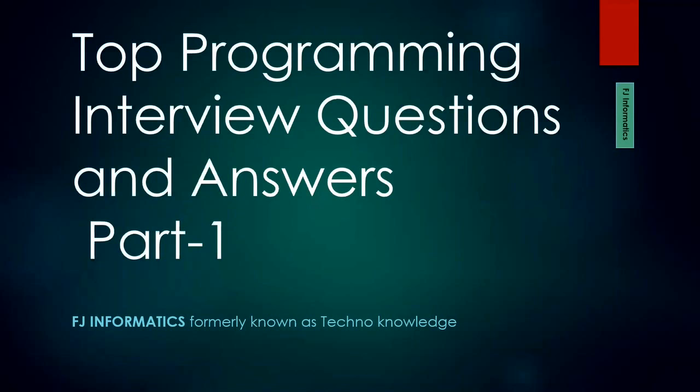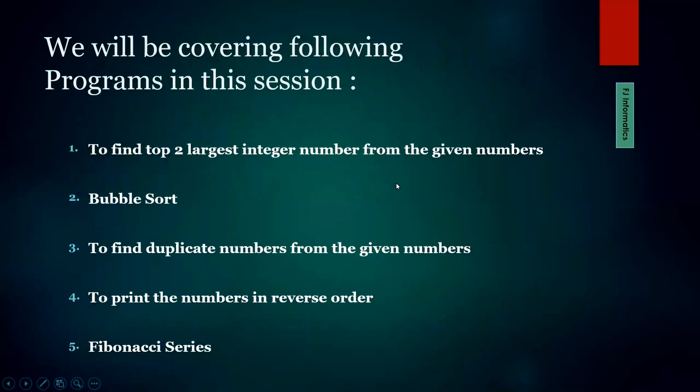So what are we going to cover as part of this series? First is the top two largest integer numbers, how we can find them from the given numbers. Second is bubble sort.